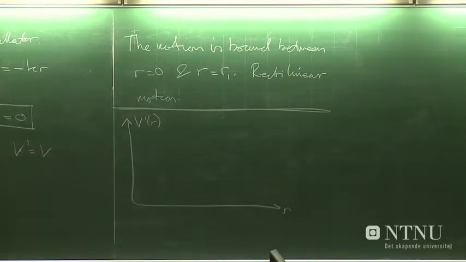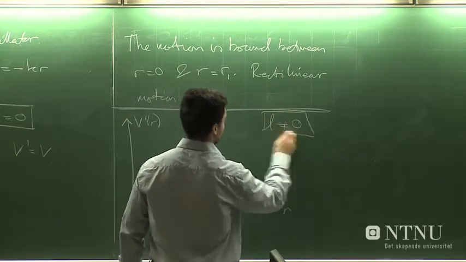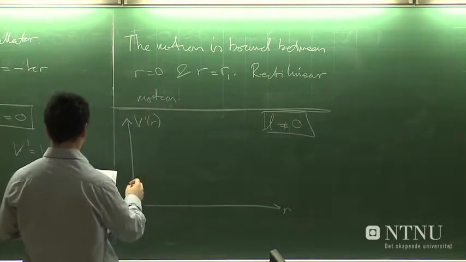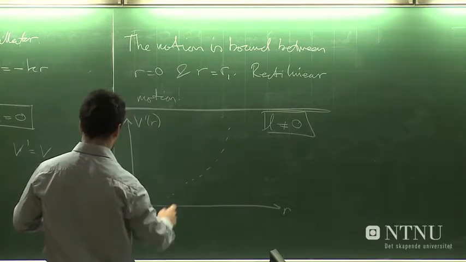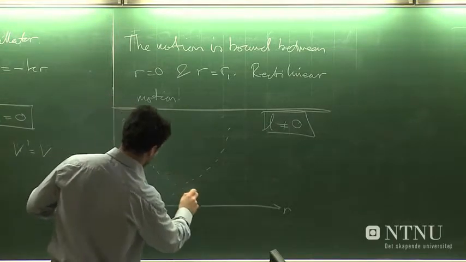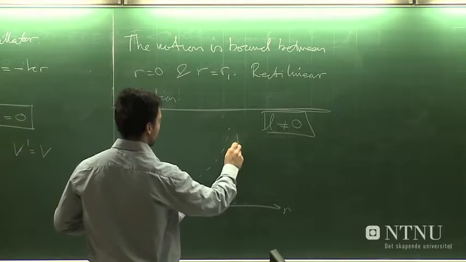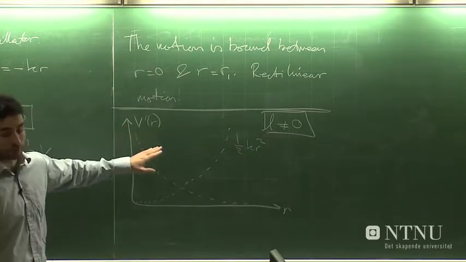But consider now the more interesting case where we have, in fact, a finite angular momentum. So we now have two contributions to V prime.